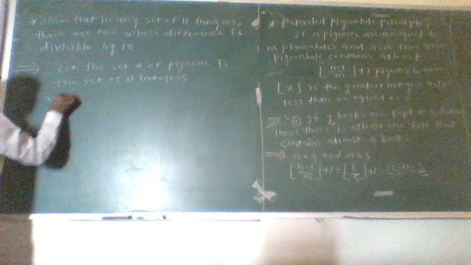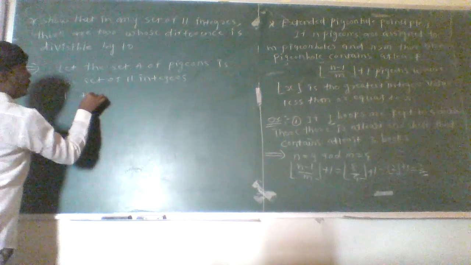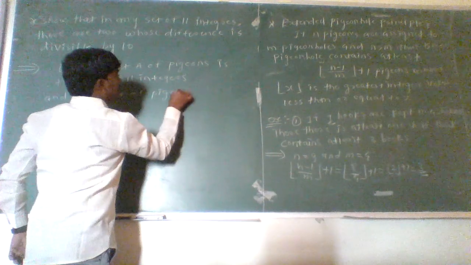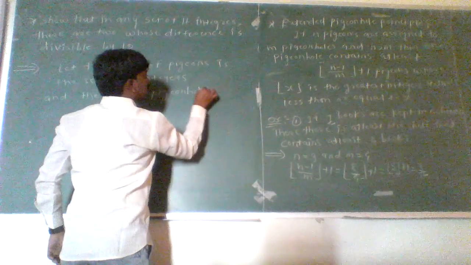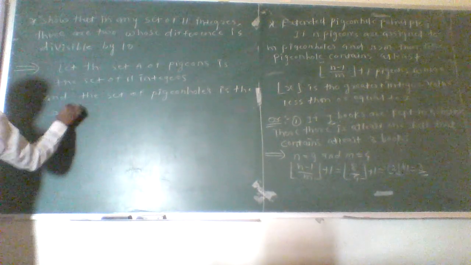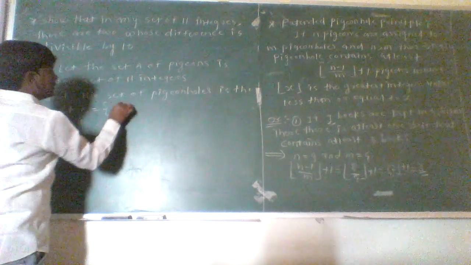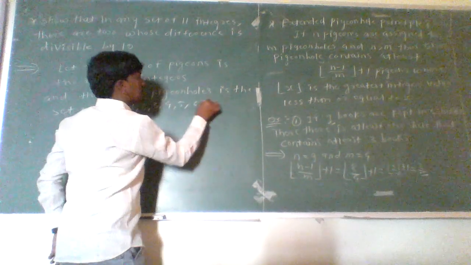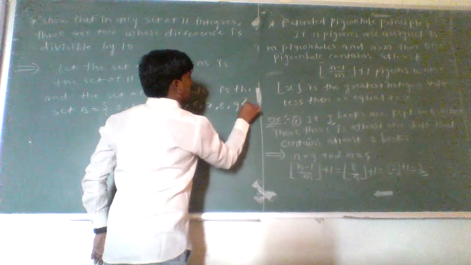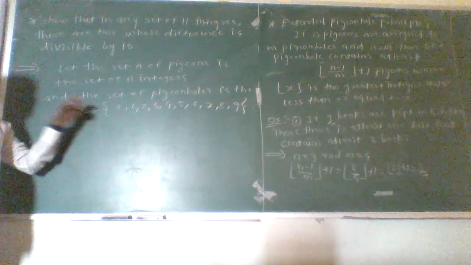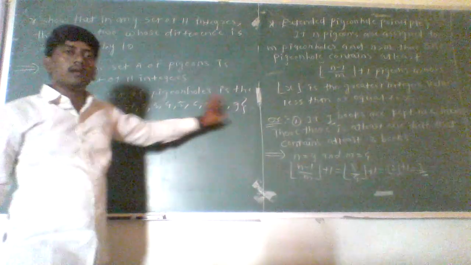And the set of pigeonholes is the set B which contains 0, 1, 2, 3, 4, 5, 6, 7, 8 and 9. That is the remainder when divided by 10. Any number divided by 10 has a remainder that is one of these 10 numbers.